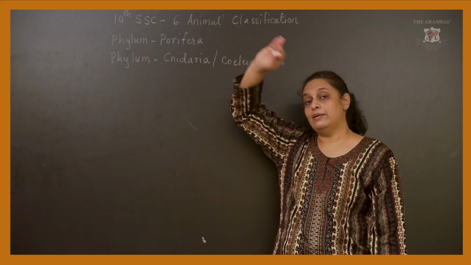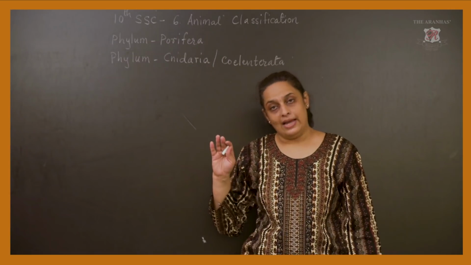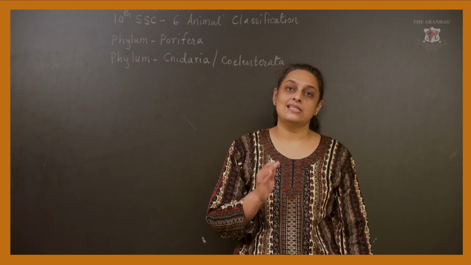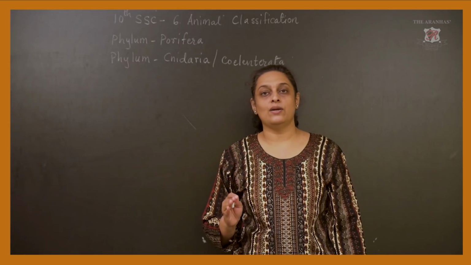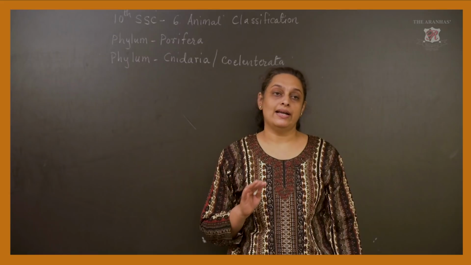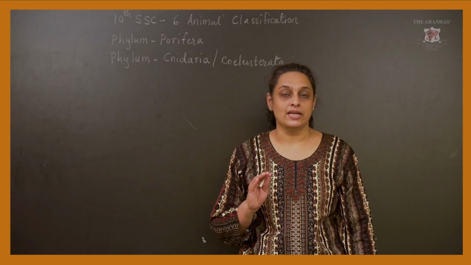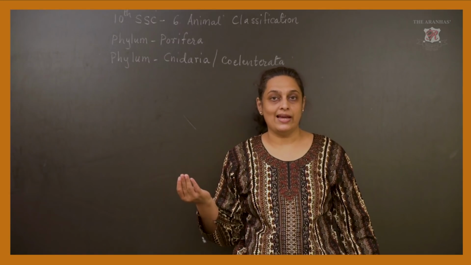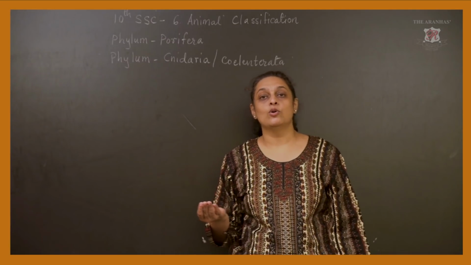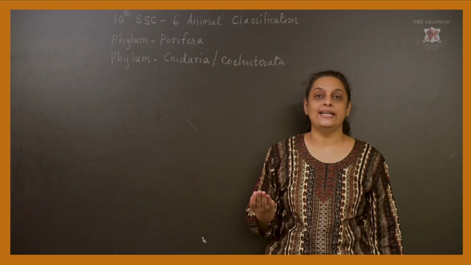Then in phylum Cnidaria, aquatic animals are there. Mostly they are in sea water, but Hydra like organisms are found in fresh water. And a very important character of these animals is, for locomotion, see we have hands and legs, but those animals have locomotory organs called tentacles.